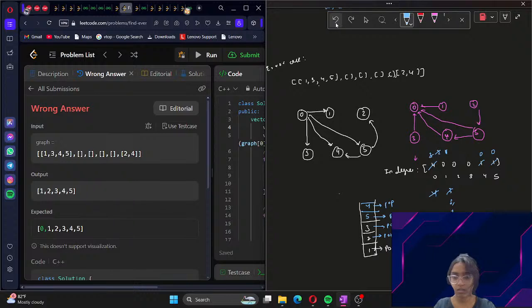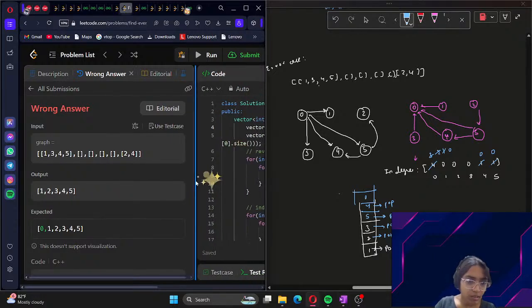That's very good. So it is supposed to show 0, 1, 2, 3, 4 and 5.